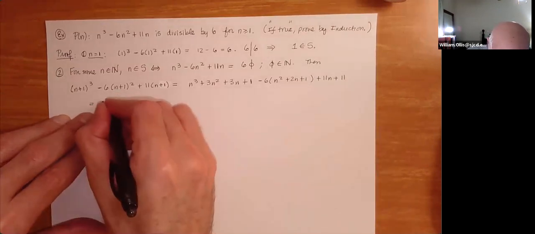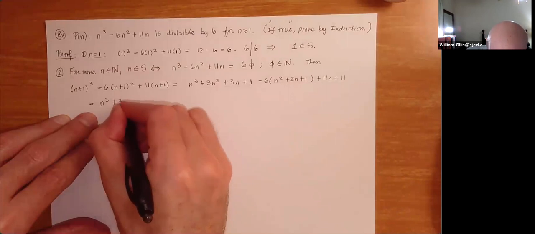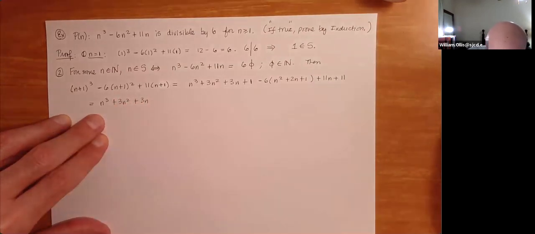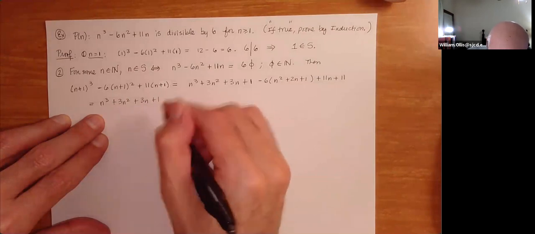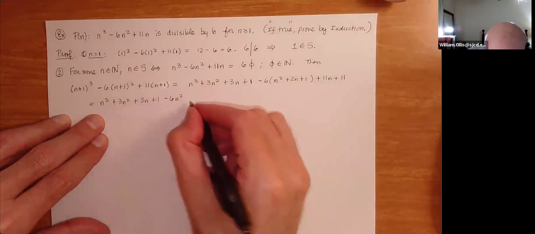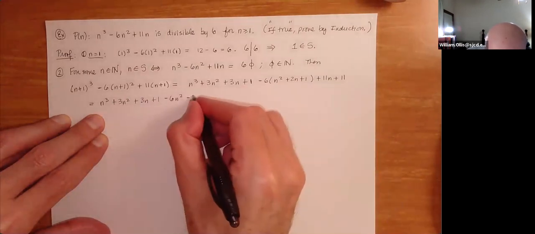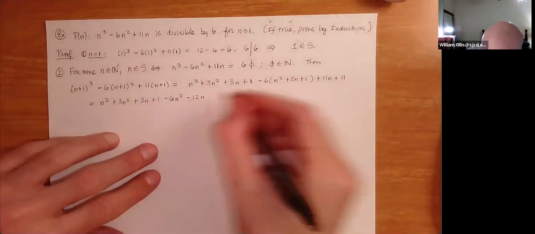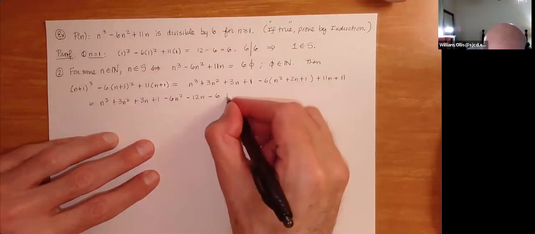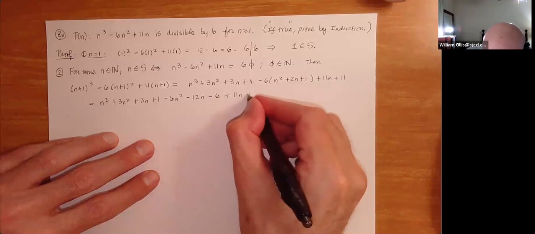Okay, so we'll multiply this out. So we have n cubed plus 3n squared plus 3n plus 1 minus 6n squared, now minus 12n right here, minus 6, and then we have plus 11n plus 11.